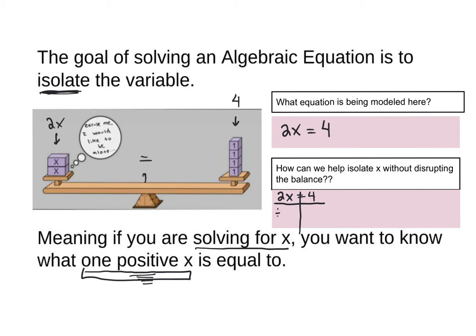So let's try it. Divide that side by 2. We don't want to disrupt the balance, so we have to divide that side by 2. If we have 2 x's divided by 2, we end up with 1x, and that will equal 4 divided by 2, which is 2. So we are solved. We have one positive x equals a number.